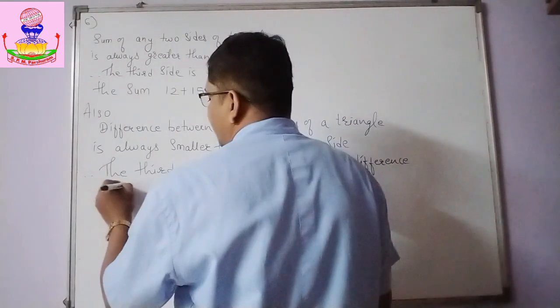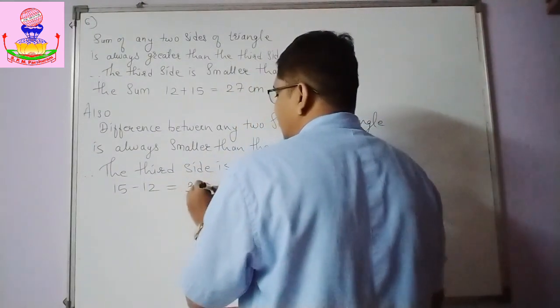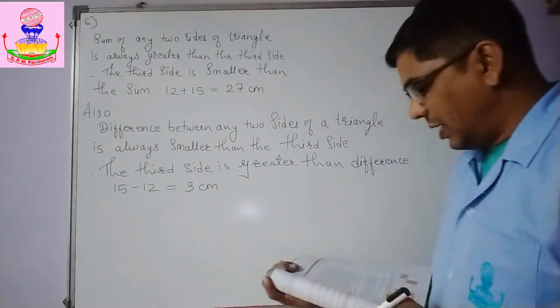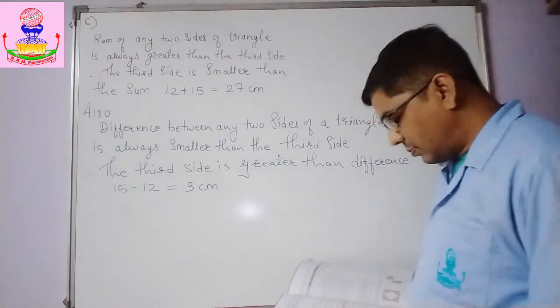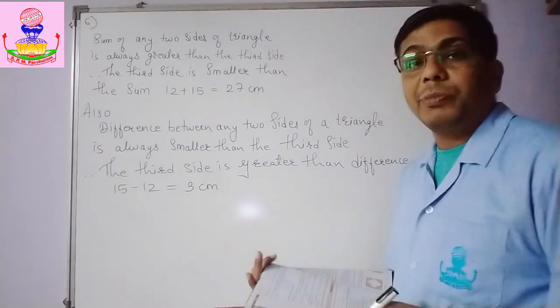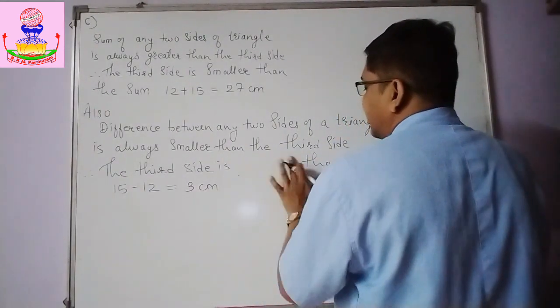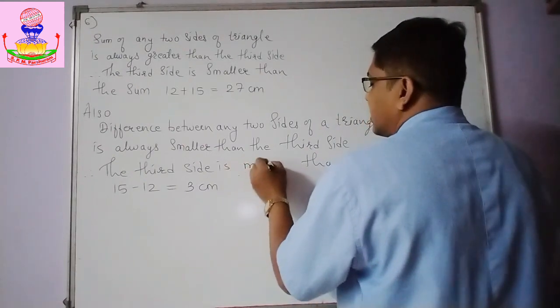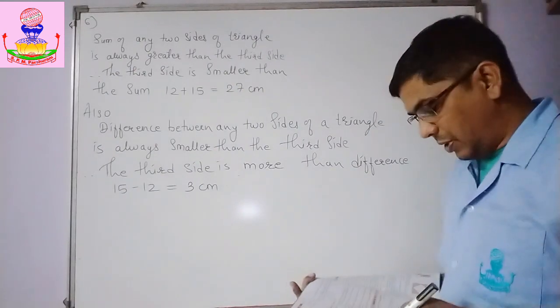What is the difference? 15 minus 12, that is 3 centimeters. Okay, so the third side should be more than the difference. Therefore, the third side is more than the difference, 15 minus 12, 3 centimeter.